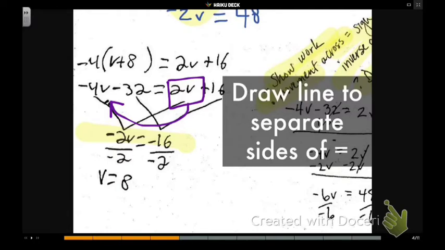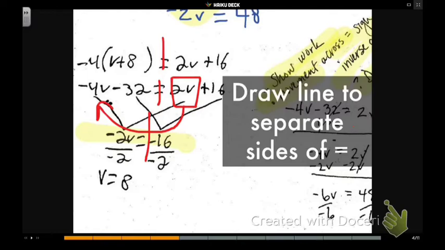So one of the things I would do to give them a visual prompt that they need to do something differently is require that they draw a line through the equal sign so that they can see that they are going across and must use inverse operations. Something needs to be different as they combine those like terms.